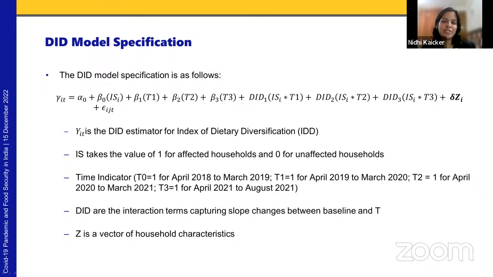And the statistical difference between DID 1 and DID 2 captures the changes in the outcome, that is index of dietary diversity, that can be attributable to the announcement of the nationwide lockdown. Similarly, the statistical difference between DID 1 and DID 3 captures the changes in outcome that can be attributable to the restrictions and the massive spread of infections during the second wave. Z is the same household characteristics that we use in our 2SLS model.